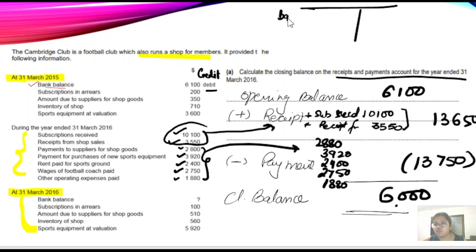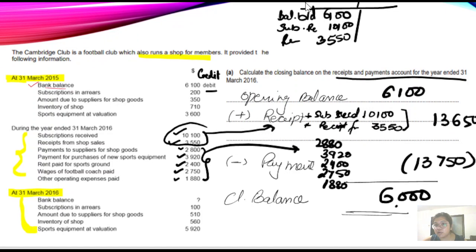First of all, you have to write down the balance brought down, which is your bank balance, that is 6100, and then whatever receipts you are having, you have to write here, like subscription received, that is 10,100, and the receipt from the shop, that is 3550, and all payments are going to be recorded on this side, because this side is receipts and this side is payments. So 2880, 3920, 2400, 2750, 1880.